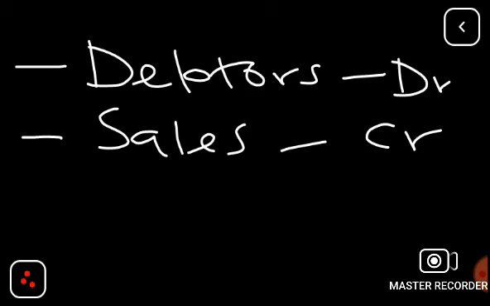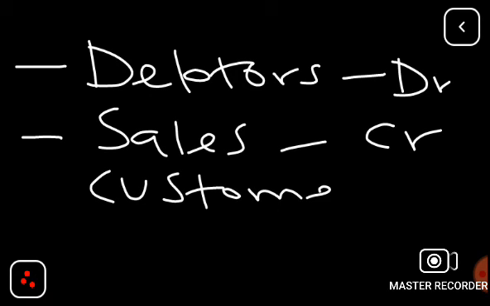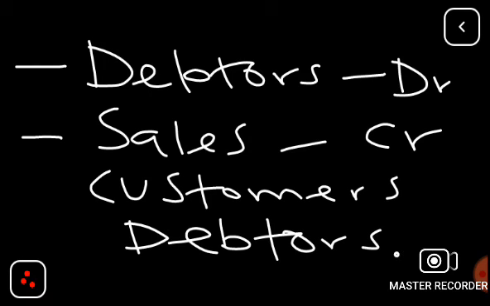And remember, to each and every sales ledger there's a debtors account, and to each and every sales account there can be 2 things, which are customers or debtors. Now there's a difference between these 2. Customers are people who buy things from us either on a cash or credit basis.